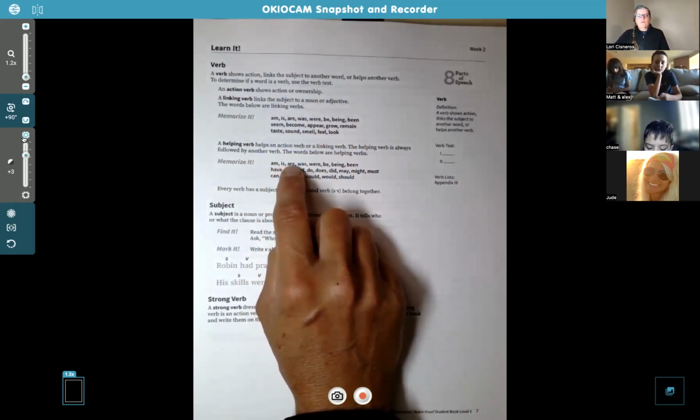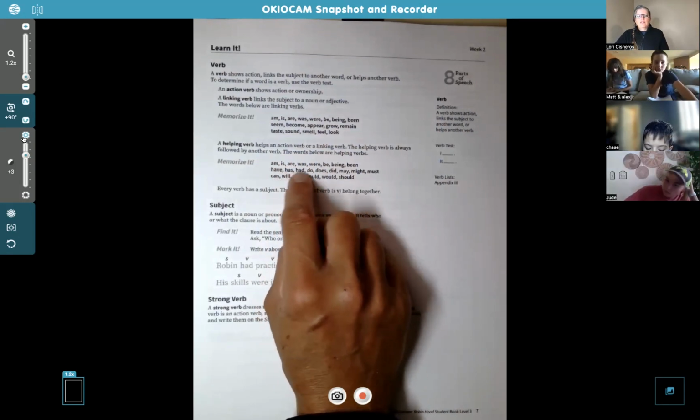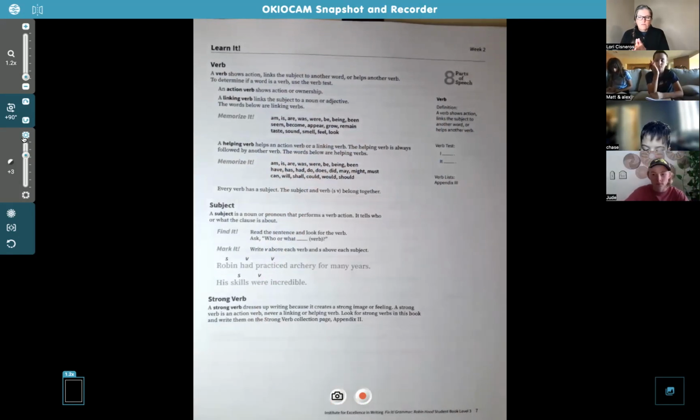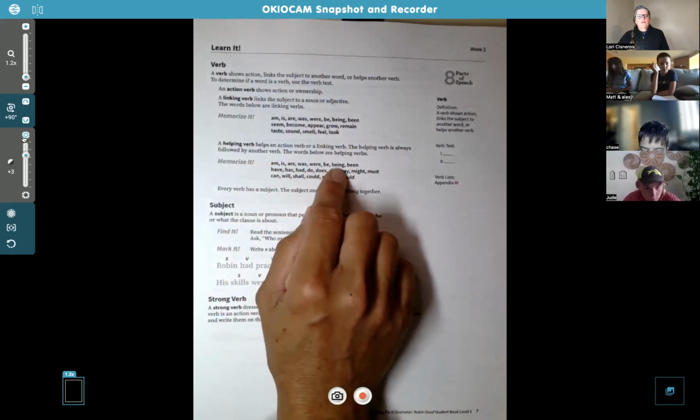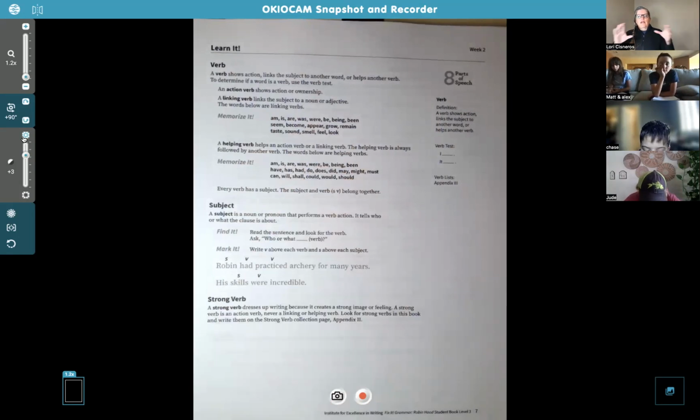So notice that those helping verbs come right before an action verb. Am helping, were going, was running. Okay, that's how you know it's a helping verb, and it actually helps the verb itself. The linking verb is just connecting parts of the sentence together between the subject or the adjective.